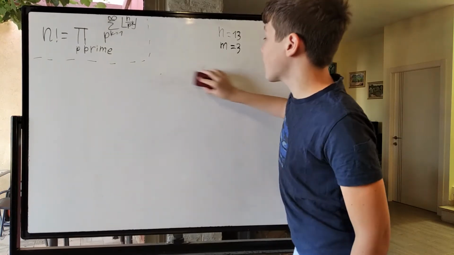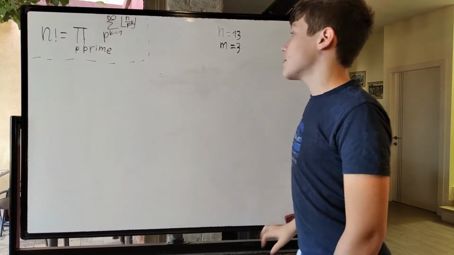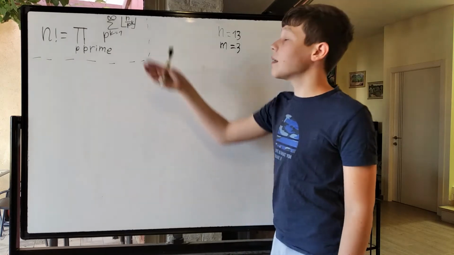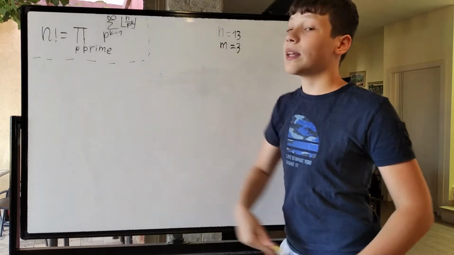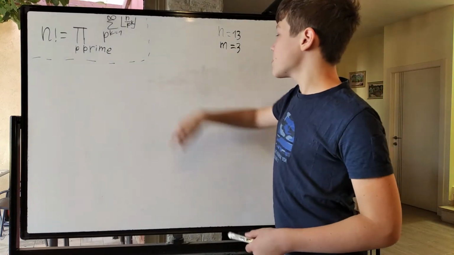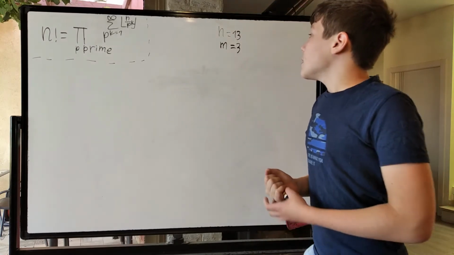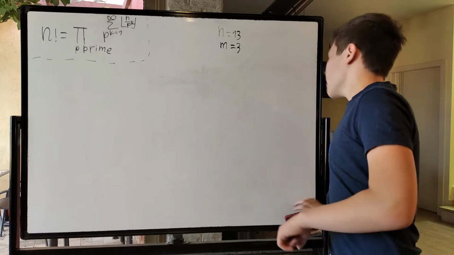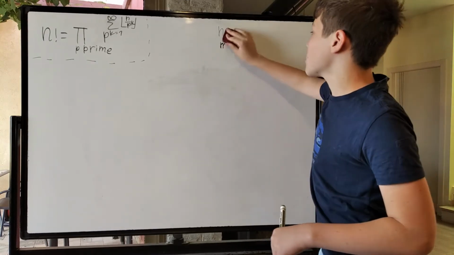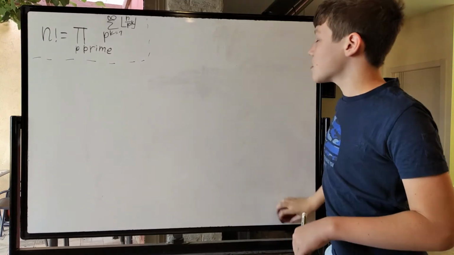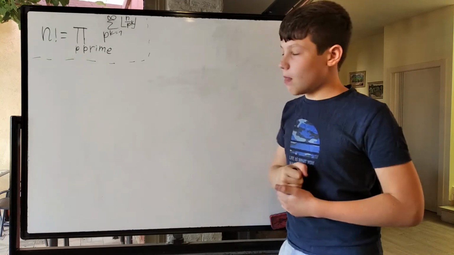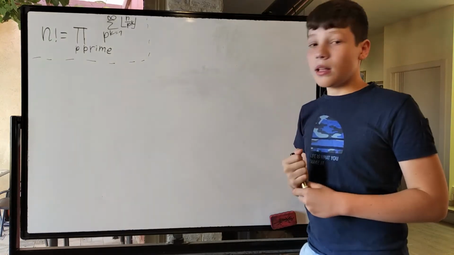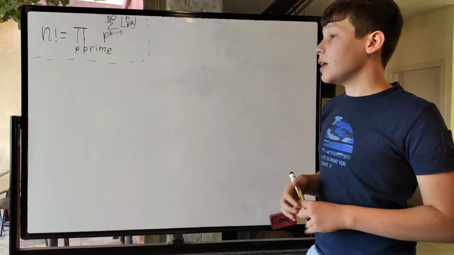So let's quickly do it, because again, that will be very useful for finding this. So now, let me remove this example because it's confusing. Let's set the number equal to k.